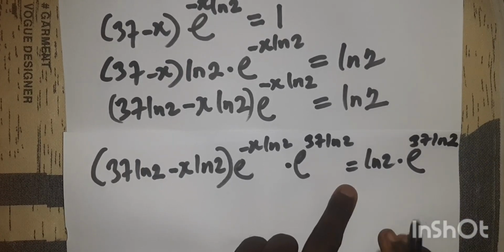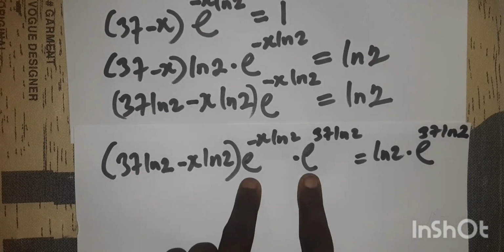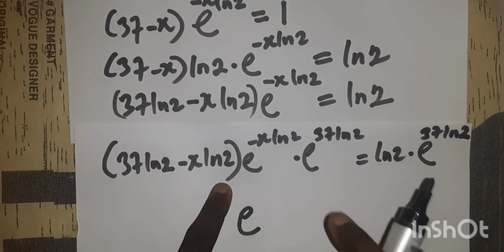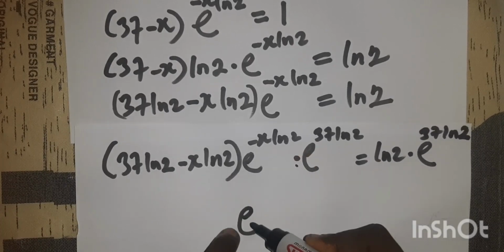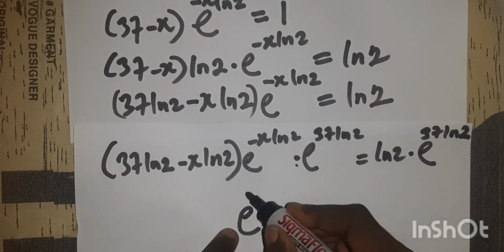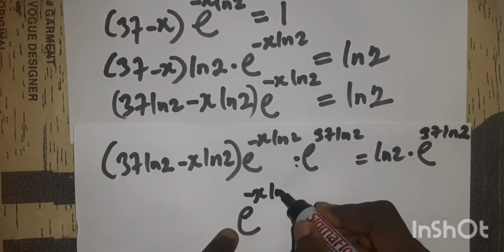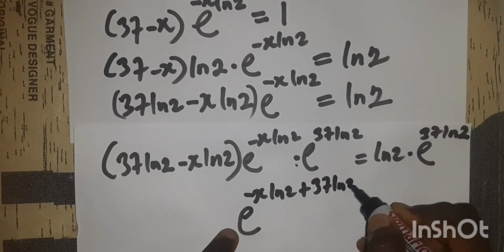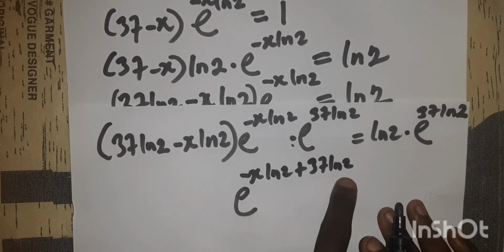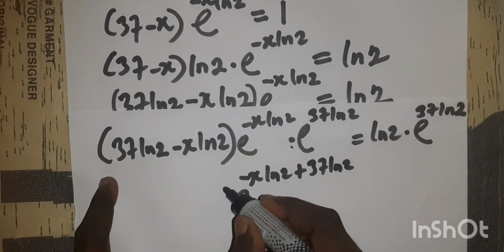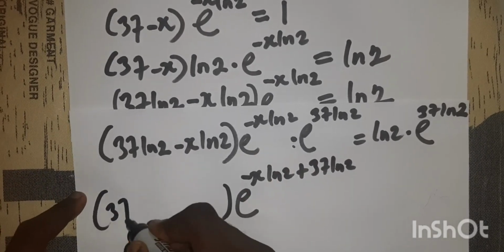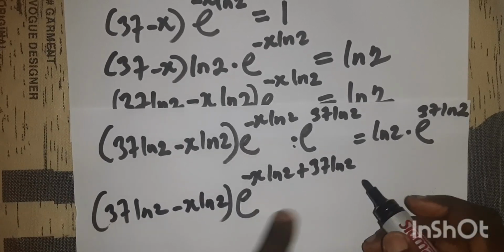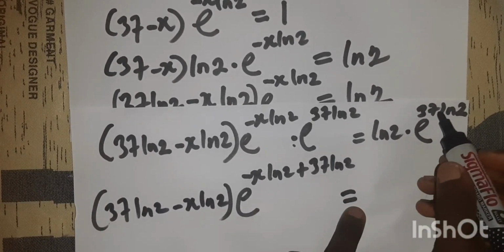Then from the laws of indices, if I multiply these two, I pick one base and add up the powers. That will be minus x ln of 2 plus 37 ln of 2. And then we still have this one here waiting for us, 37 ln of 2 minus x ln of 2, then equals here.